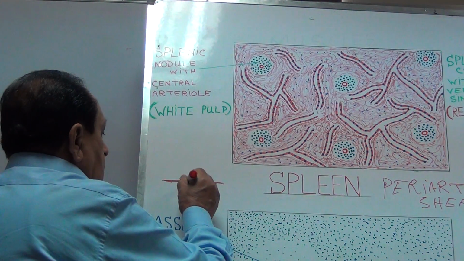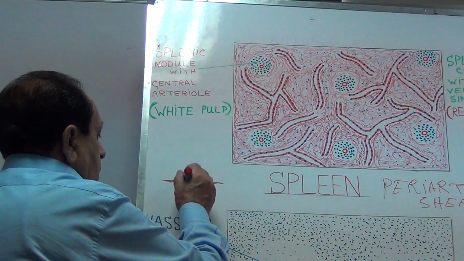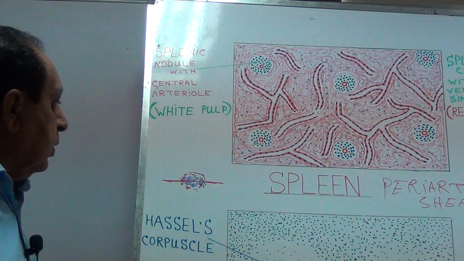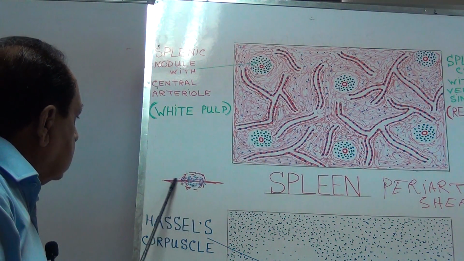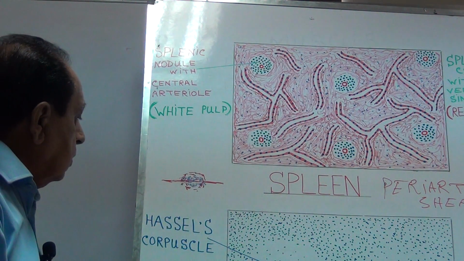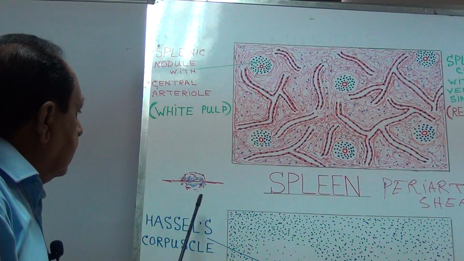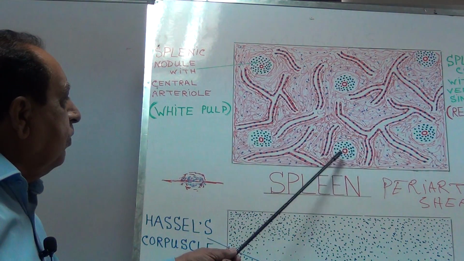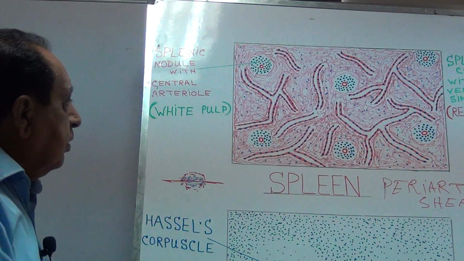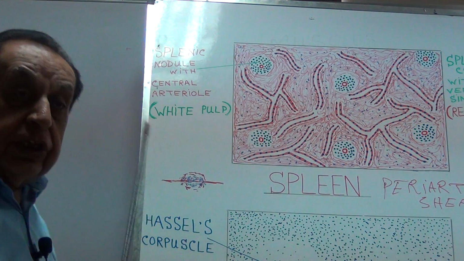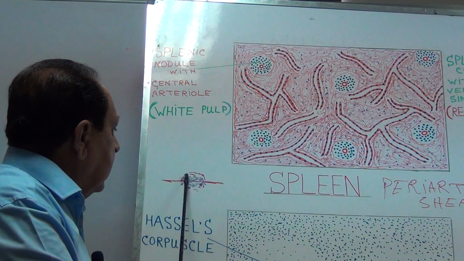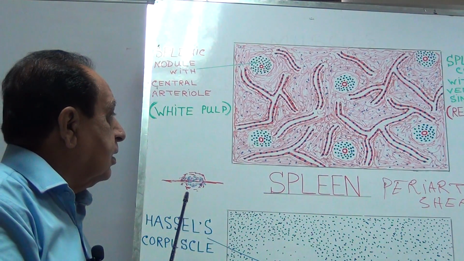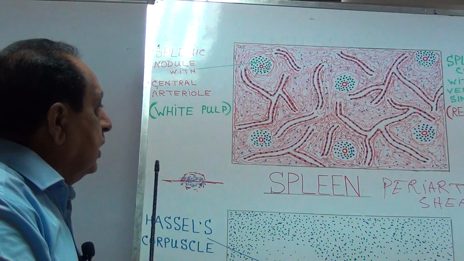This solid nodule is called the splenic nodule, and this one is the artery passing through the splenic nodule, covered by the lymphocytes. Now these lymphocytes covering the periarterial sheath are mainly the T lymphocytes.